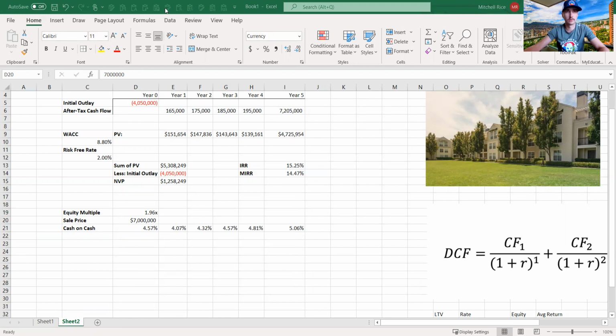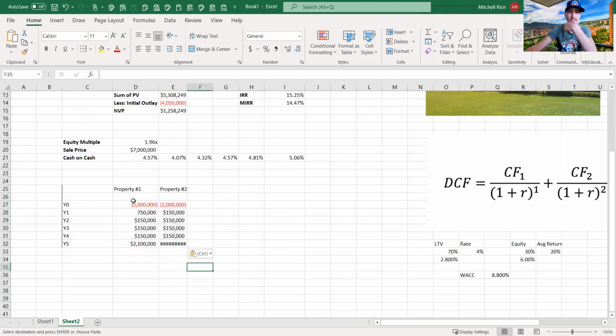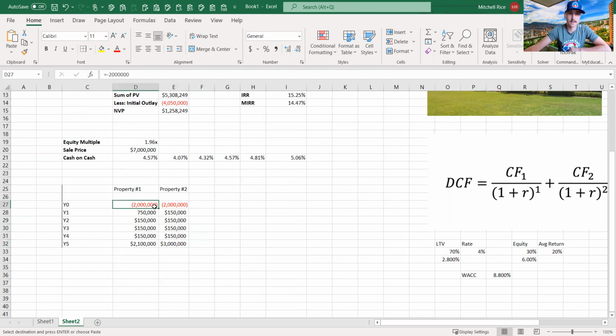So just so you can think about this critically, let's say you have 2 projects. Dive into these distributions. It's going to require the same amount of equity for property 1 versus property 2. But maybe for property 1, notice that you're dumping a lot more money into it earlier on.